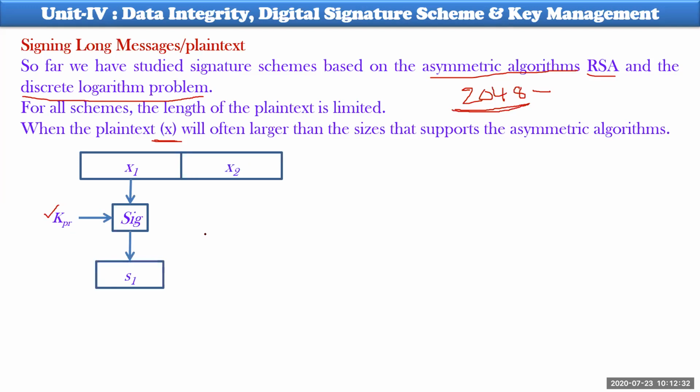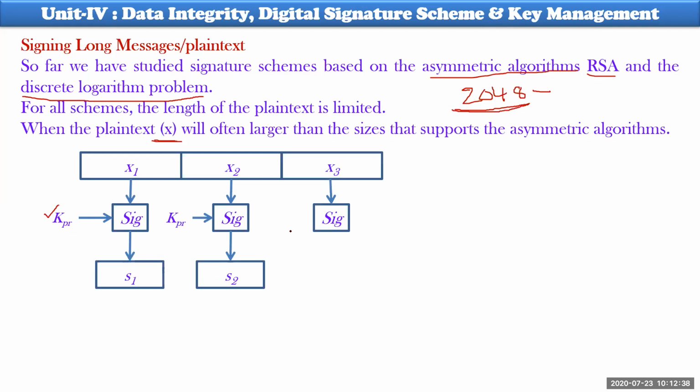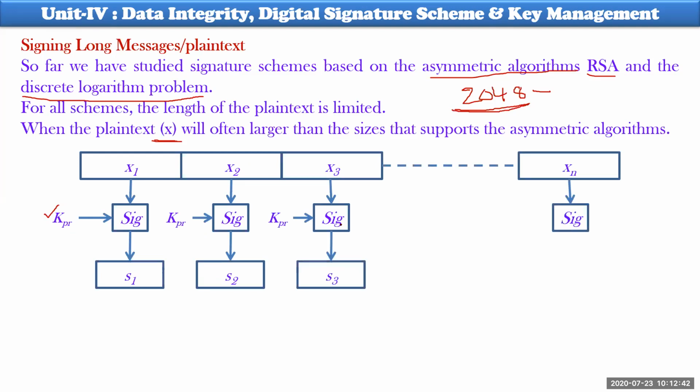For the second block you perform the same thing, and for the third, fourth, and nth block also you perform the same thing. So there will be n blocks, and you generate n different ciphertexts.